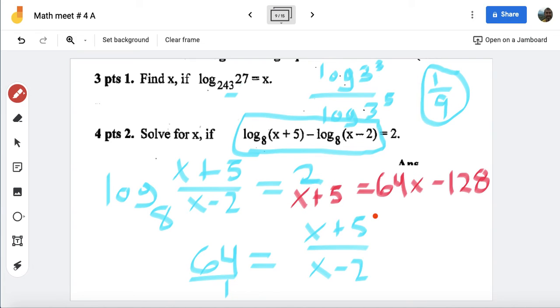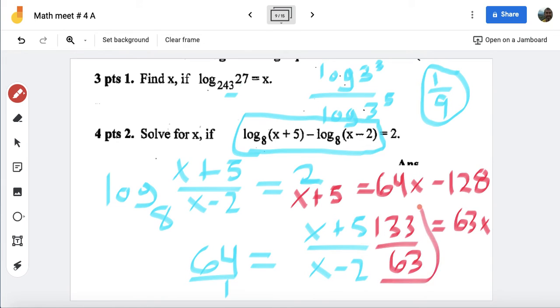So now I'm going to solve this for x. This is not going to come out very pretty. Subtract x from both sides and get 63x equals, I'm going to add 128 to both sides and get 133. Then I'm going to divide by 63. Oh, 7 goes into this.